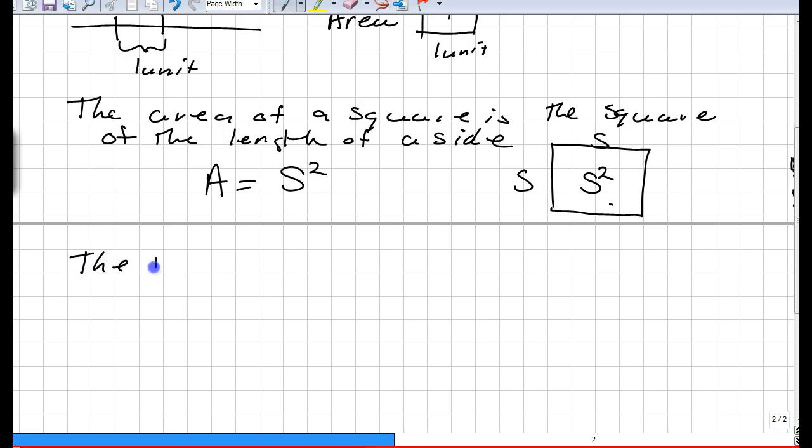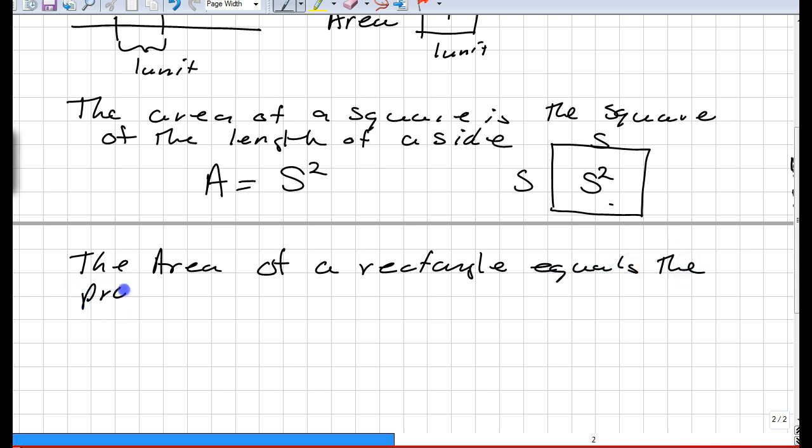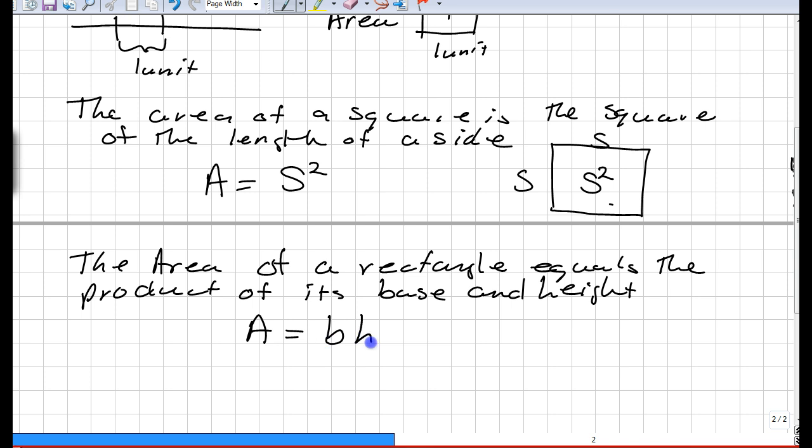The area of a rectangle equals the product of its base and height. Okay, and so in other words, area equals base times height.